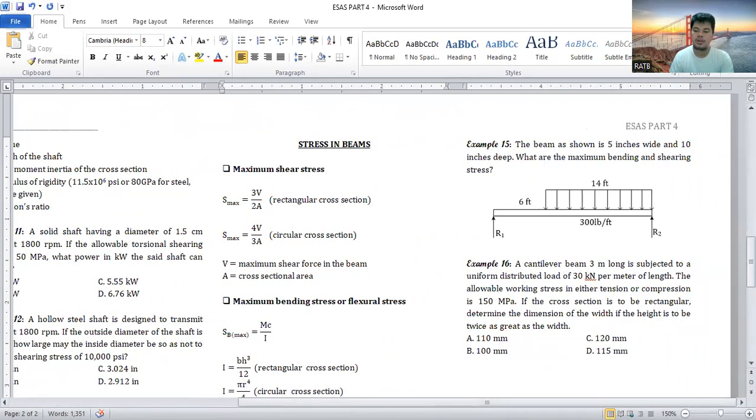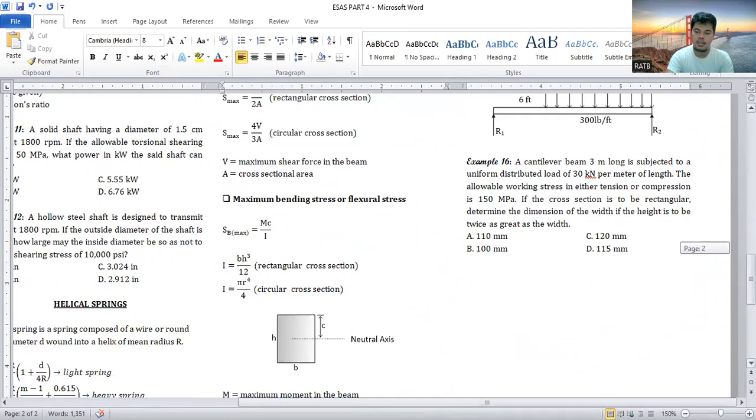So in example number 16, you have a cantilever beam, 3 meters long, subjected to a uniform distributed load of 30 kilonewtons per meter of length. The allowable working stress in either tension or compression is 150 megapascal. If the cross section is to be rectangular, determine the dimension of the width, if the height is to be twice as great as the width.